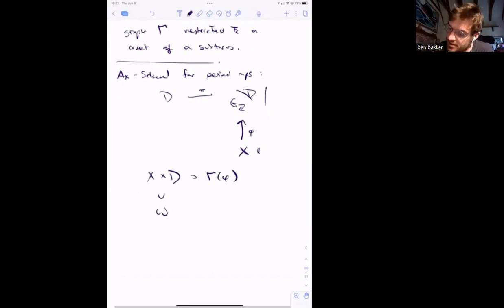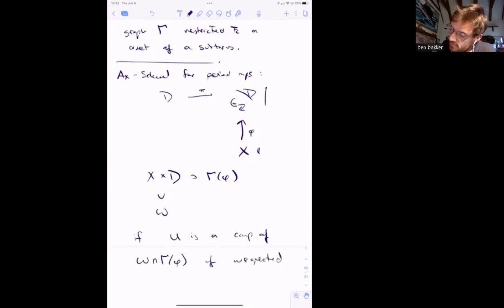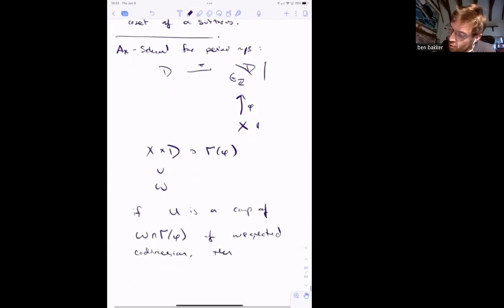then here's the statement: if U is a component of this intersection of unexpected codimension, then, and here's the key part, U is in the graph of phi restricted to a Hodge locus.